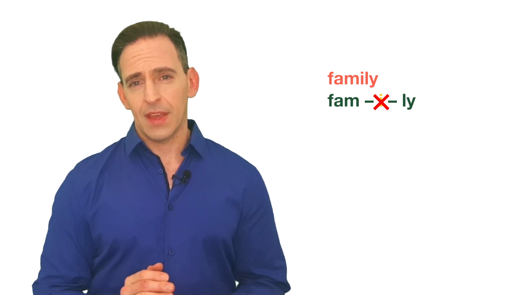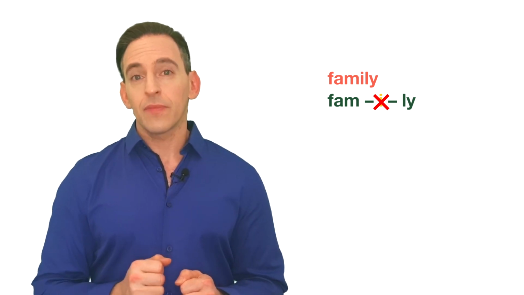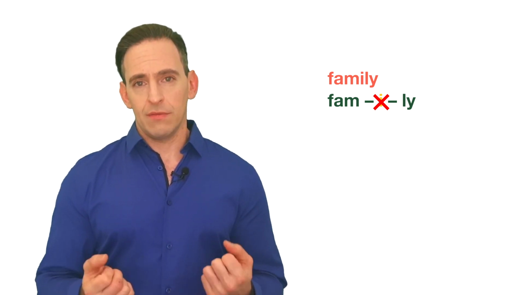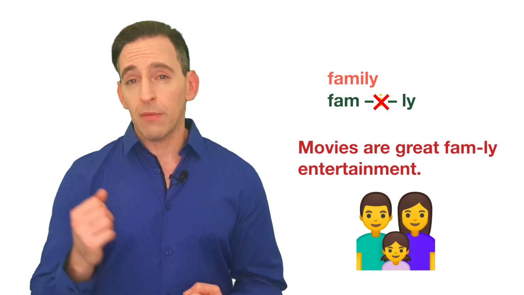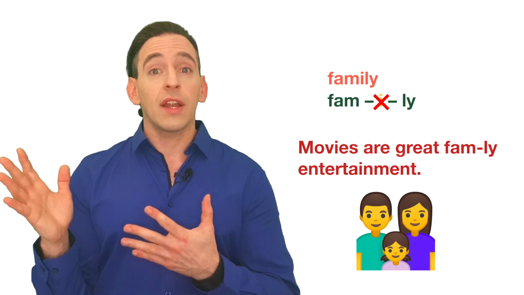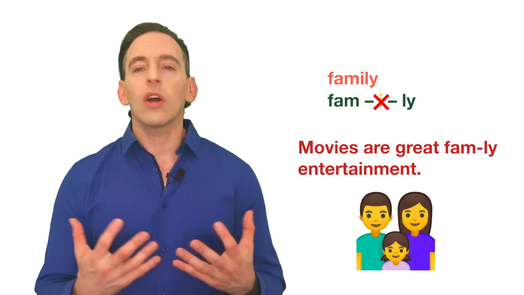So you know now when you see it, say it quickly. And there are so many uses of the word family. Movies are great family entertainment. I went on a family vacation last year in Spain. There are so many uses of the word family.